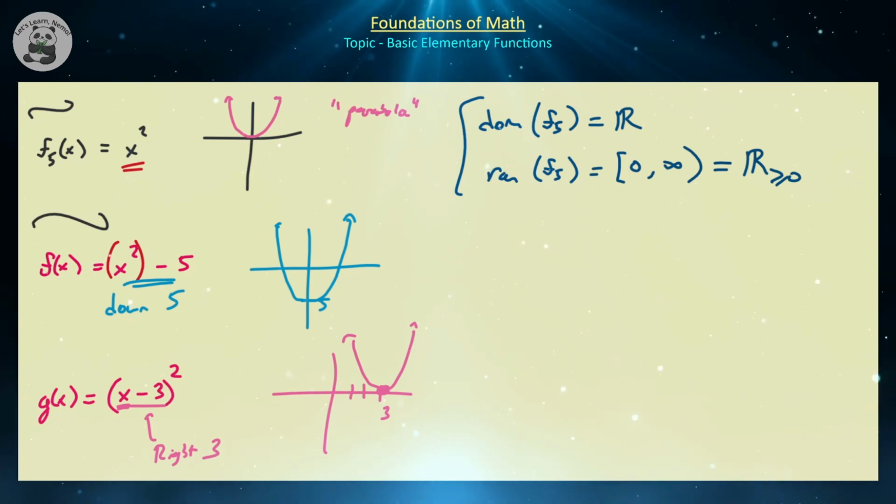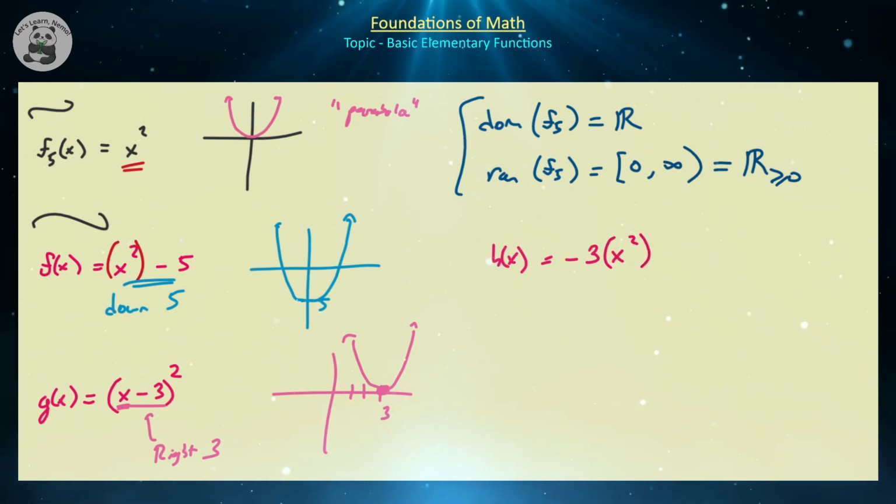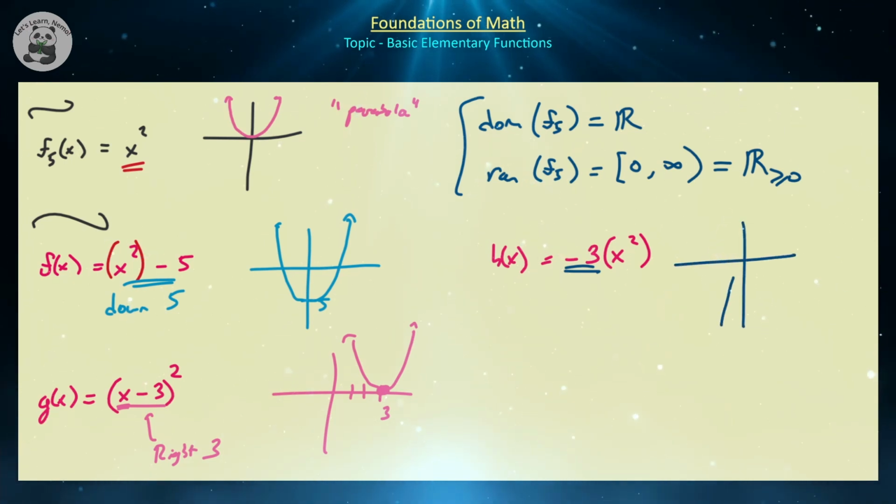Let's look at a couple other transformations that are common. For example, h of x is equal to minus 3x squared. So we're affecting the range. So notice all of the values that used to be positive are now going to be negated and multiplied by a factor of 3, so they're going to be a little bit more sharpened. So this is going to grow a little bit faster compared to, for example, this graph, which would be like negative x squared.